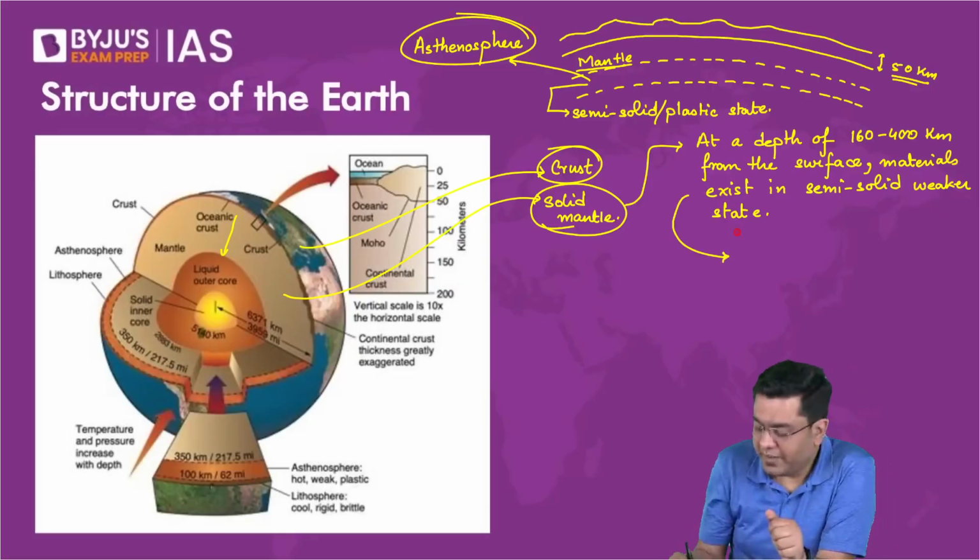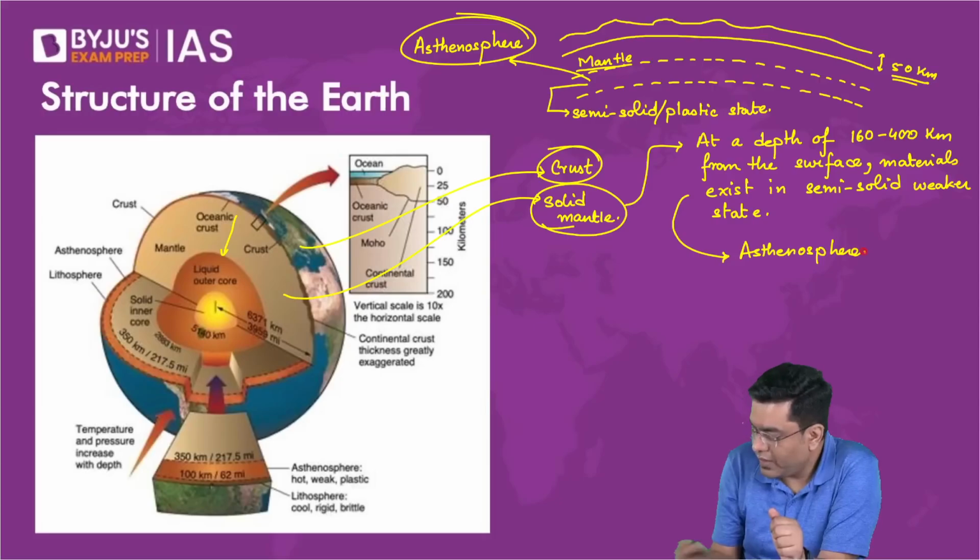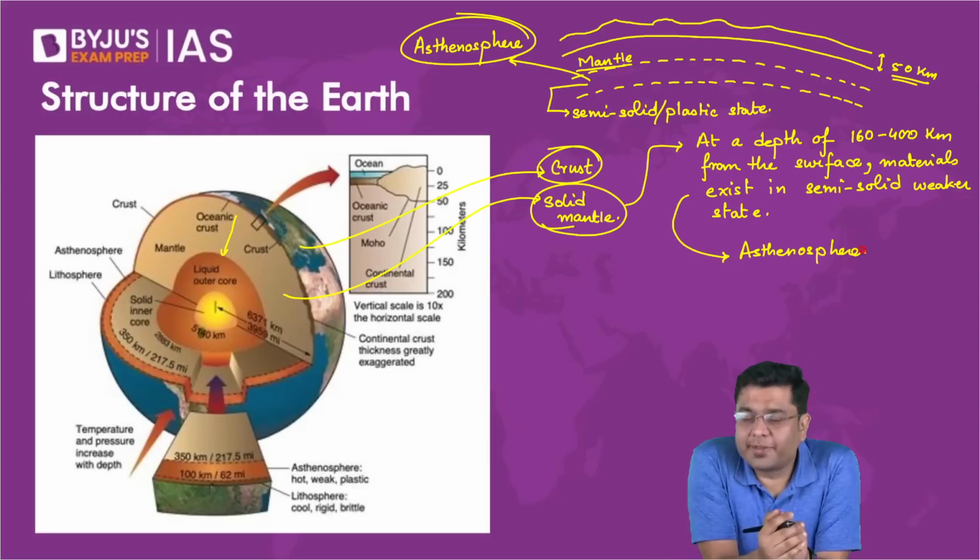Now, this is your asthenosphere. This asthenosphere is a source of all the various different volcanic eruptions that you come across. The lava that comes out, the molten materials that come out, they are supplied from the asthenosphere itself.